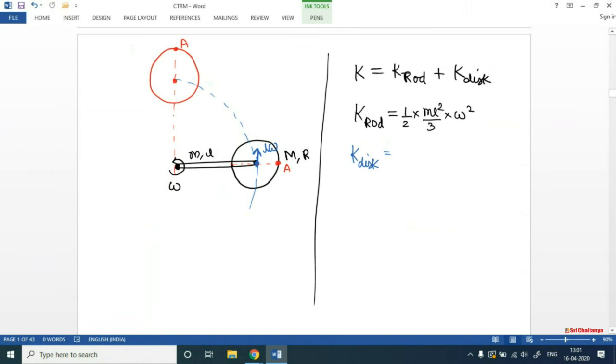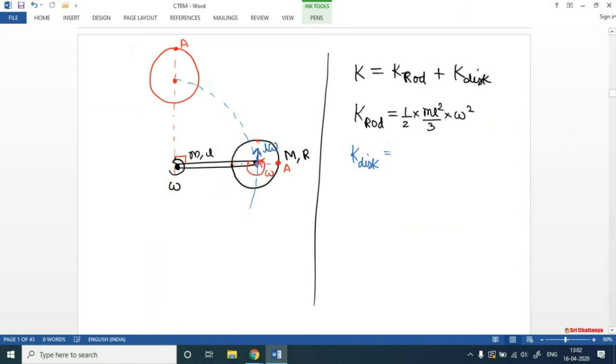So now you see the orientation of this disk has changed. The point A has moved from here to here. That means the angular displacement is 90 degree. So the angular displacement of the whole setup, when it is 90 degree, the angular displacement of point A is also 90 degree. So we can say that this disk is also rotating with the same angular velocity omega.